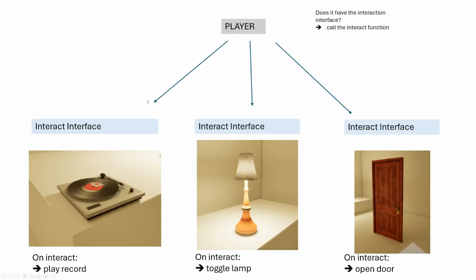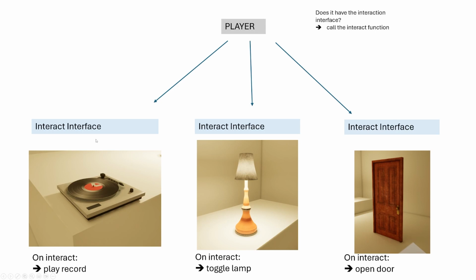And so what we'll do instead is we'll add this interface to our record player, our lamp, and our door. And because the interface only has the name of the function, when we add it to the record player, we will define what we want that interaction function to do.